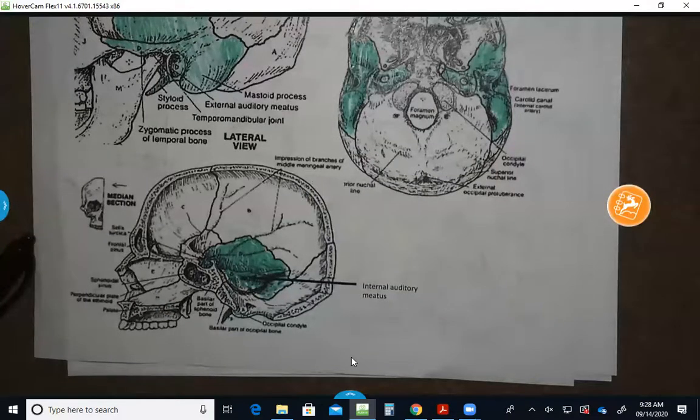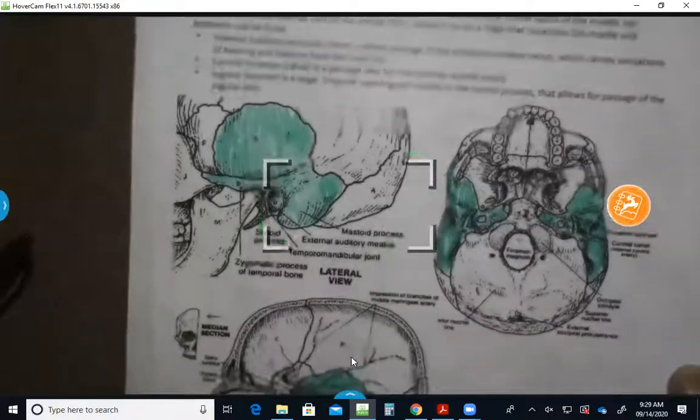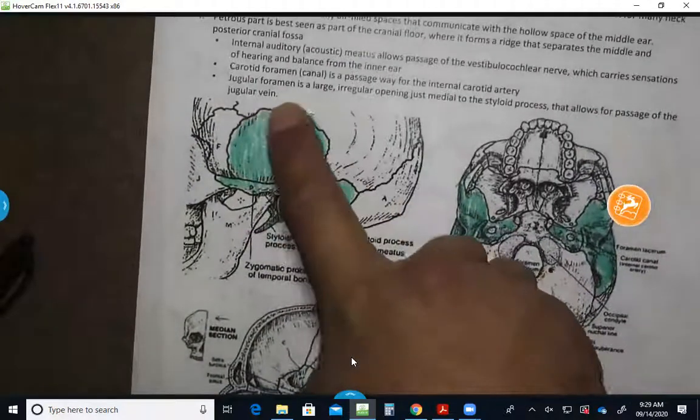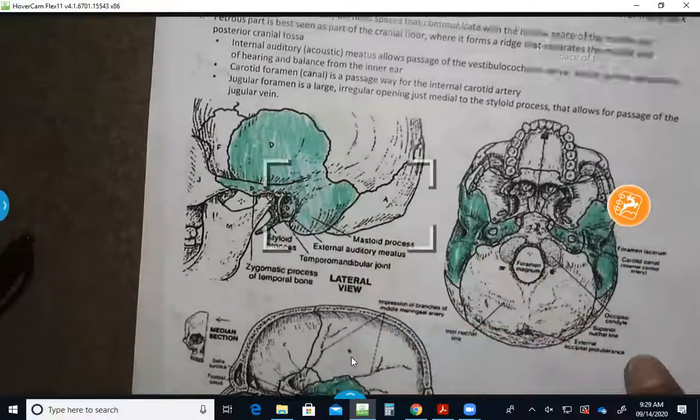Okay, let's start with what we call the squamous part of the bone, which forms the temporal region, is relatively flat and vertical. You remember that's the squamous suture we just talked about. So this area is the squamous portion.